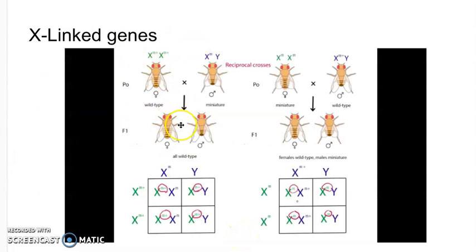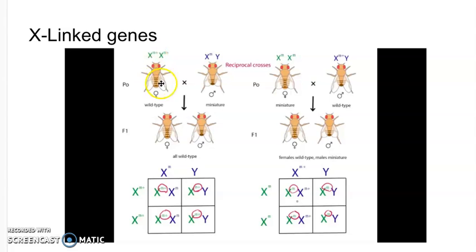If we take a look at a visual version of what this means, I have a fly cross right here. The M plus is the wild type, so wild type means completely regular, kind of the norm. That's what we'll call it for now. This M, without the plus, means that's that X-linked recessive trait, that mutation.